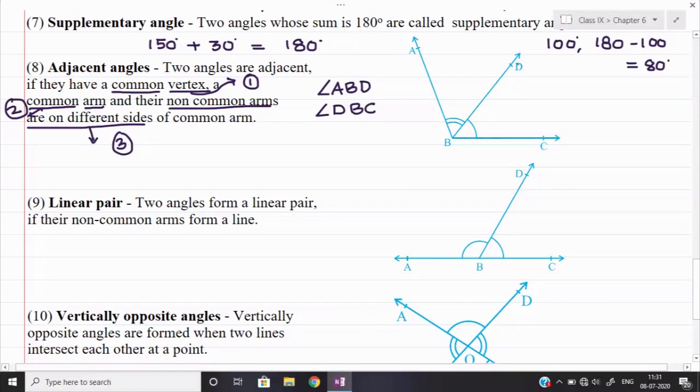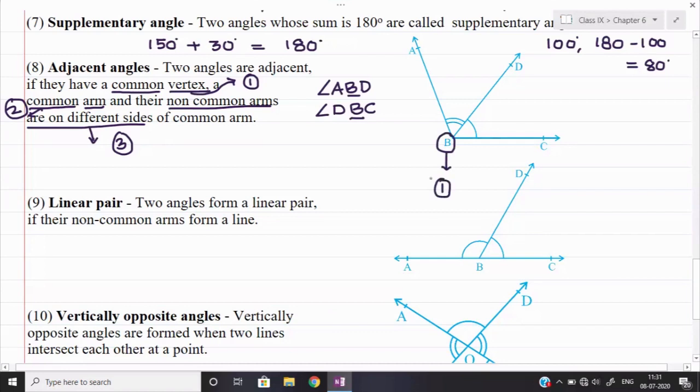See, this is the DBC angle, and this one is angle ABD on the top. Now in these two angles you observe there is one common vertex, that is B. So we can say that yes, B is a common vertex and this satisfies our condition number 1.